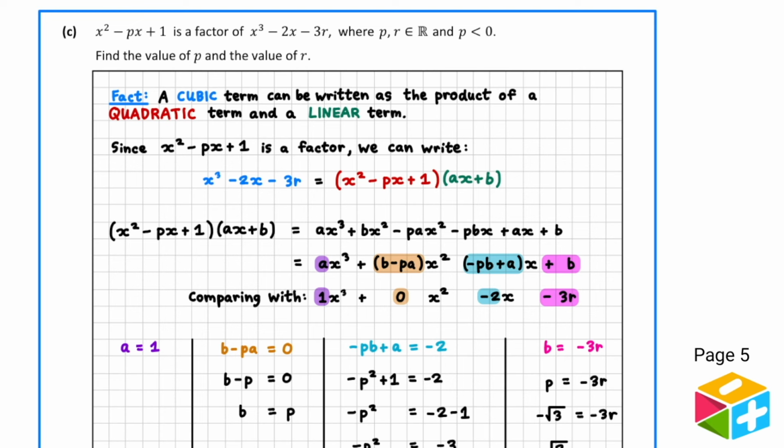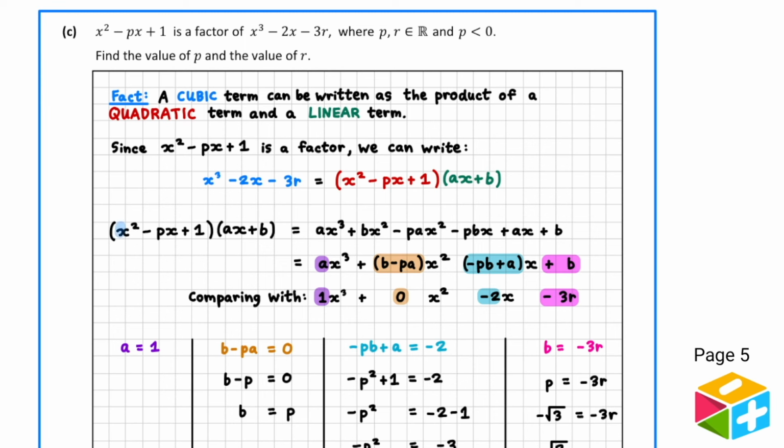Using our fact, it follows that we can write the given cubic as the given quadratic multiplied by a linear term, ax plus b, for some a and b. The strategy here will be to multiply out the brackets on the right-hand side and then match coefficients with the cubic.